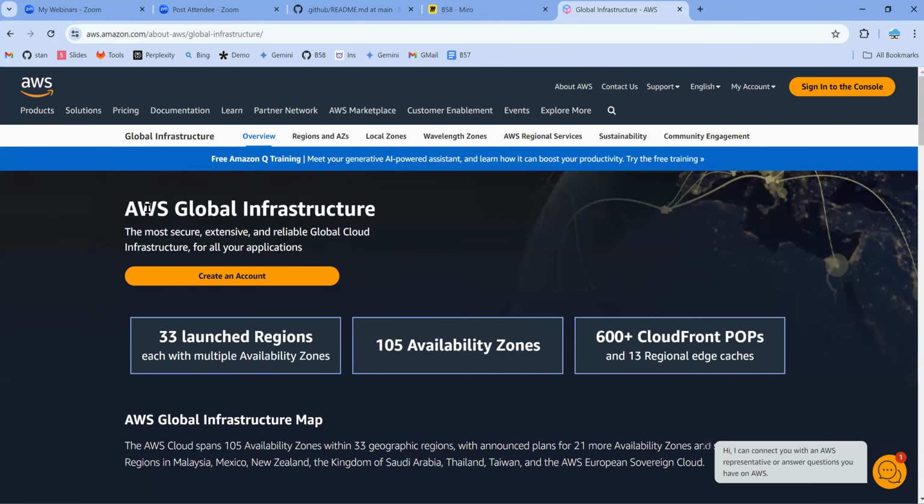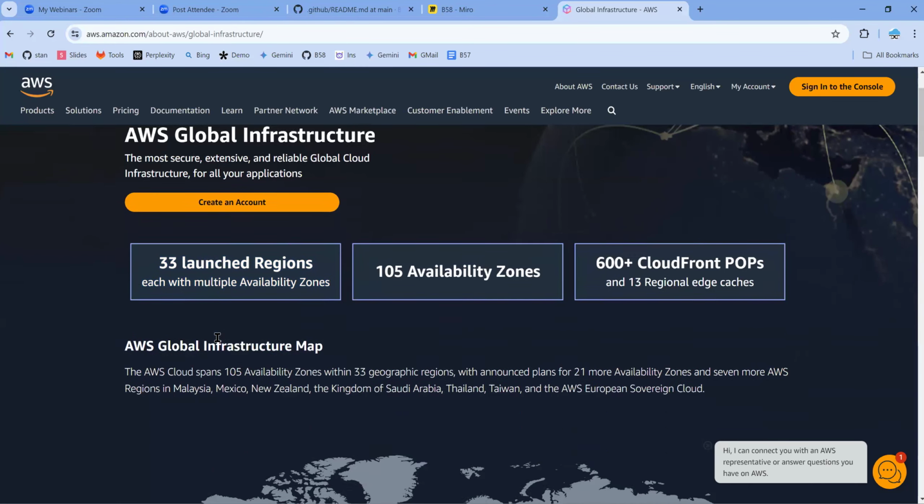That means AWS is operating globally, and we need to understand where all the regions are. First of all, what is a region? What is a zone? We need to understand this very clearly. Does this mean AWS is operating in 33 countries out of 195 countries? No. Then what is a region? Let's discuss it thoroughly.